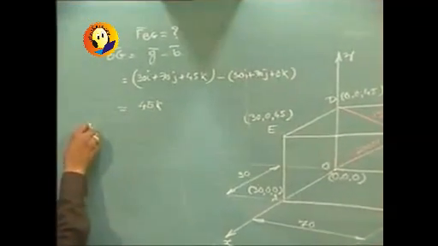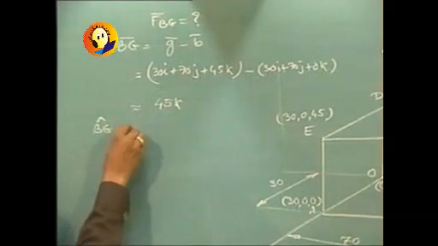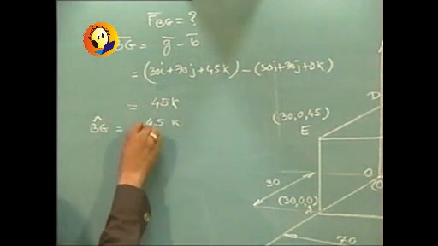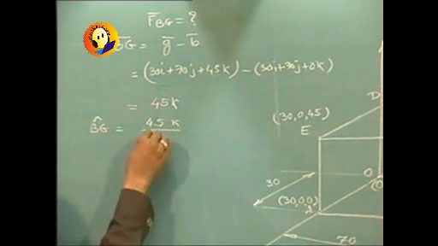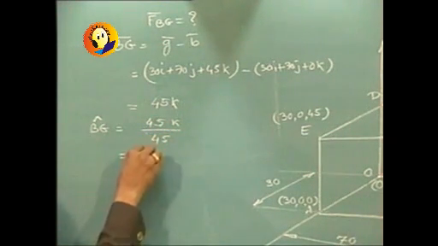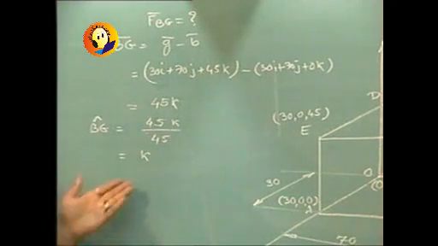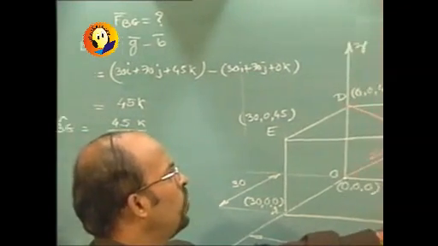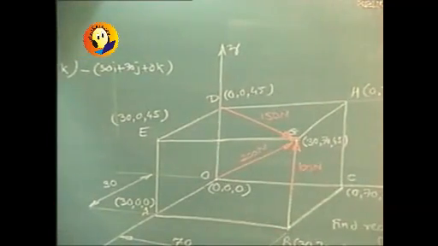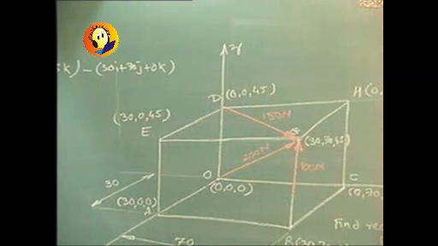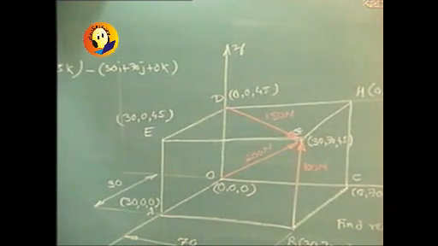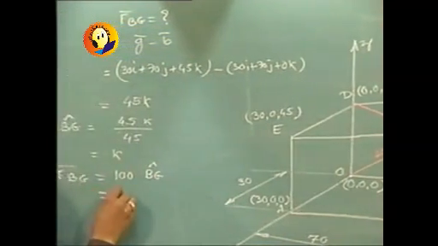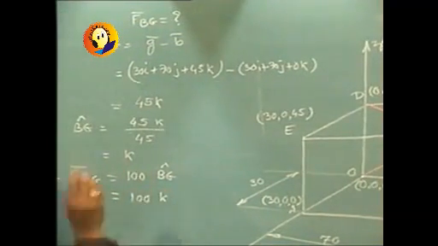Therefore BG cap, that is the unit vector along BG, will be 45k upon magnitude, which will be 45. So BG cap comes out to be k. Actually we wouldn't have needed to calculate all this. We can clearly see that the 100 newton force is along the positive z direction, and therefore F_BG bar comes out to be magnitude, that is 100 into BG cap, that is 100k.